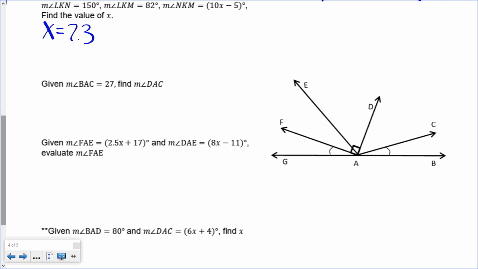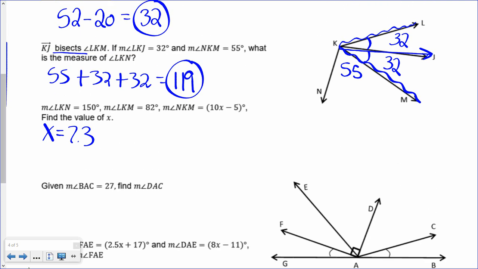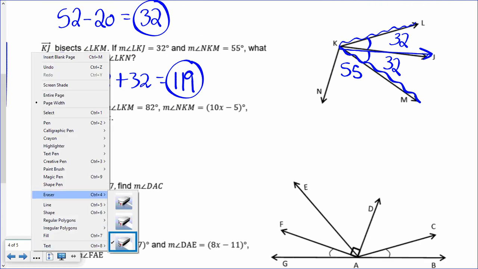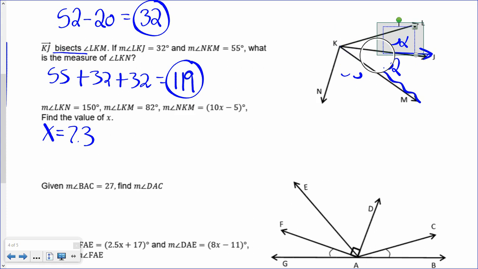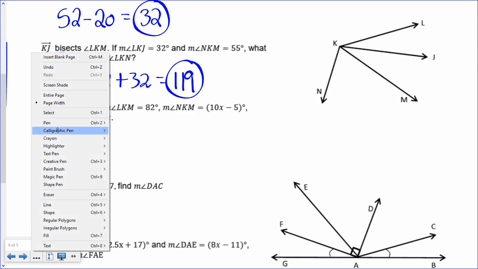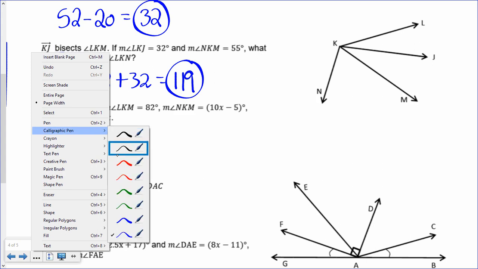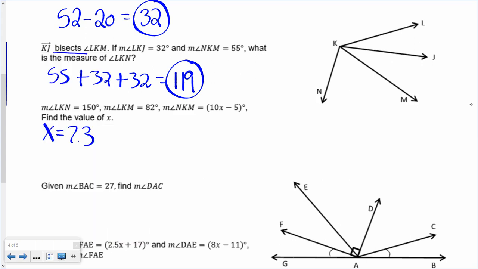If you guys look at the diagram, in this diagram, I know that the full angle is 150.